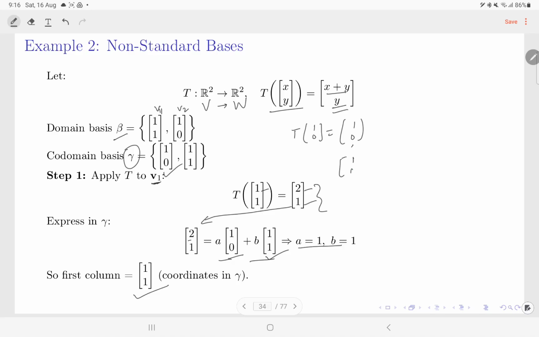So this can be written, let's say alpha 1 times (1, 0) plus alpha 2 times (1, 1). So how can you solve this? Alpha 1 plus alpha 2 is equal to 1 and alpha 2 is equal to 0.